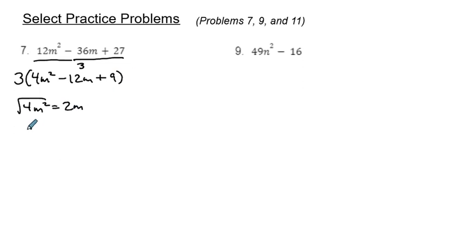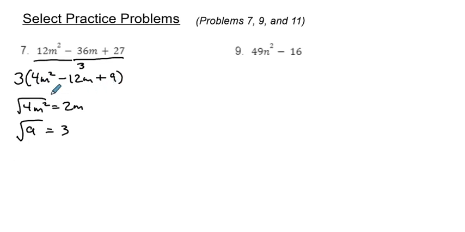And 9 is a square term, because the square root of 9 is 3. If I multiply 2m times 3, I get 6m, and if I double that, I get 12m, which is what we have here. So this is a perfect square trinomial.